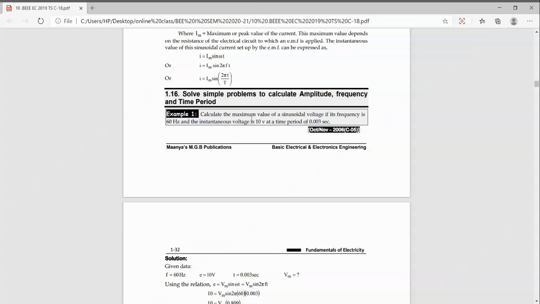What is the given data? They have given frequency f is 60 hertz, the instantaneous value, small v, is 10 volts, and the time t is 0.003 seconds.